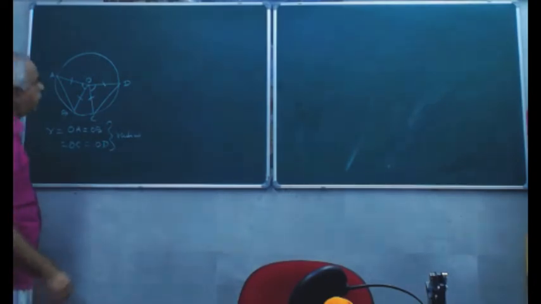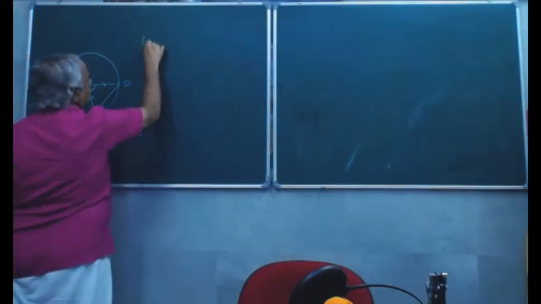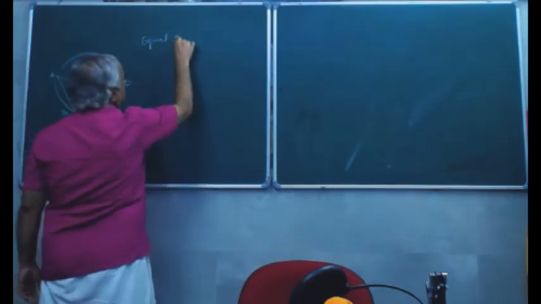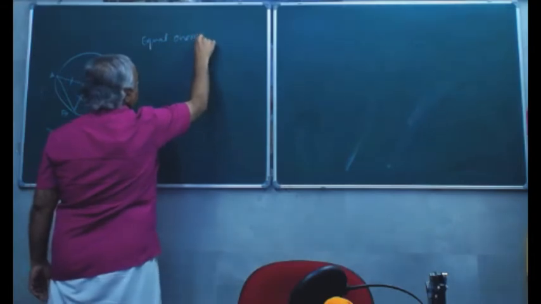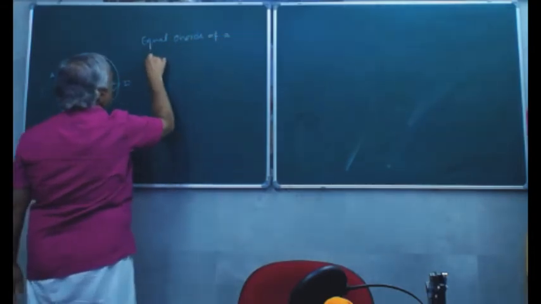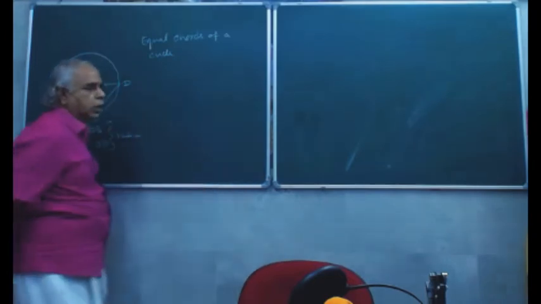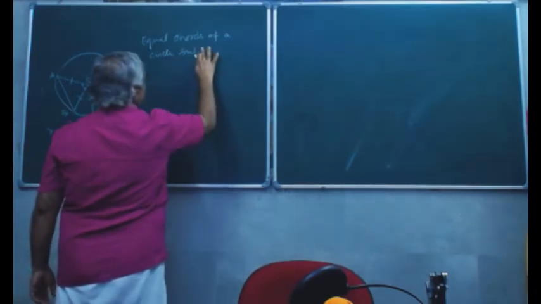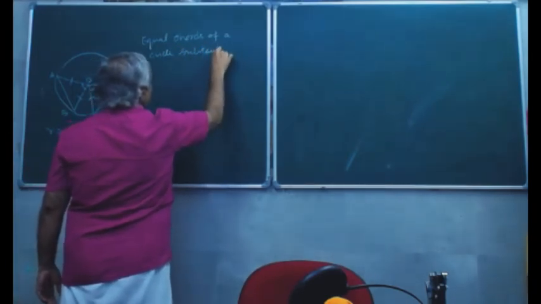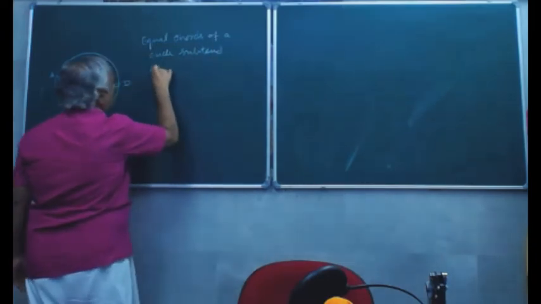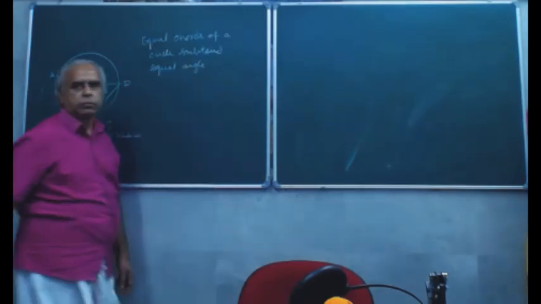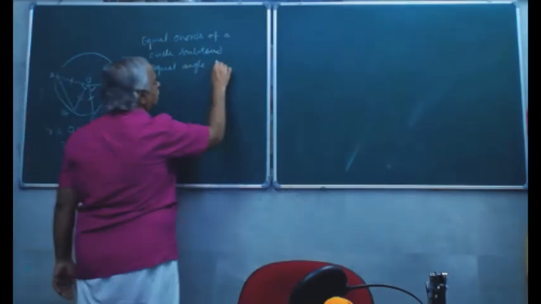And what is the theorem here? Equal chords of a circle subtend equal angles at the center.